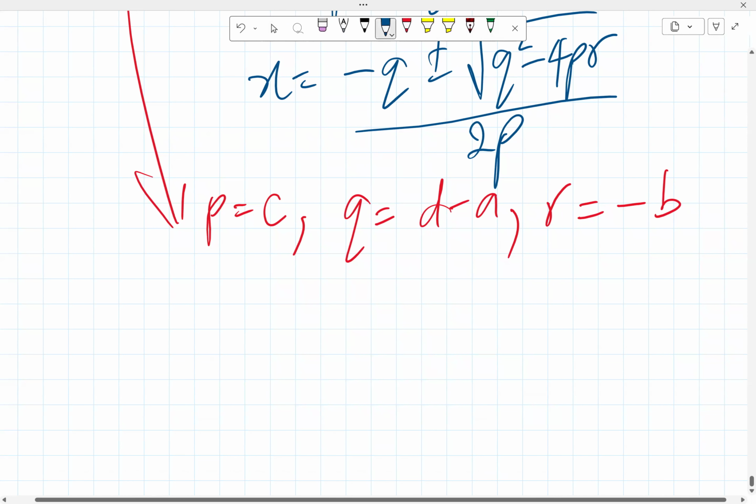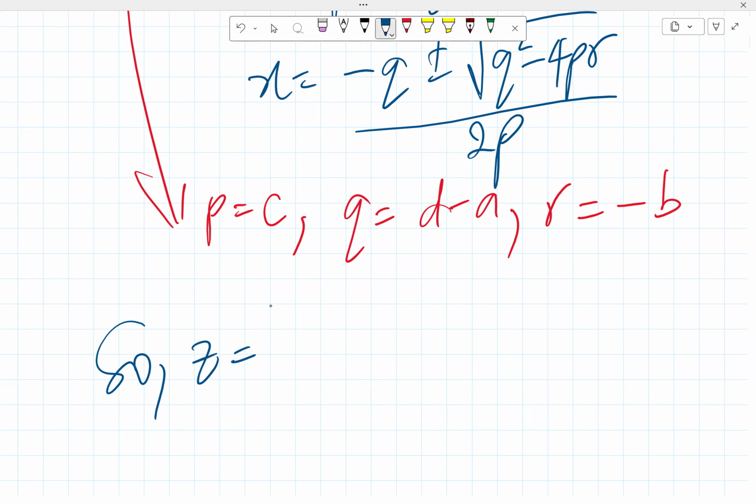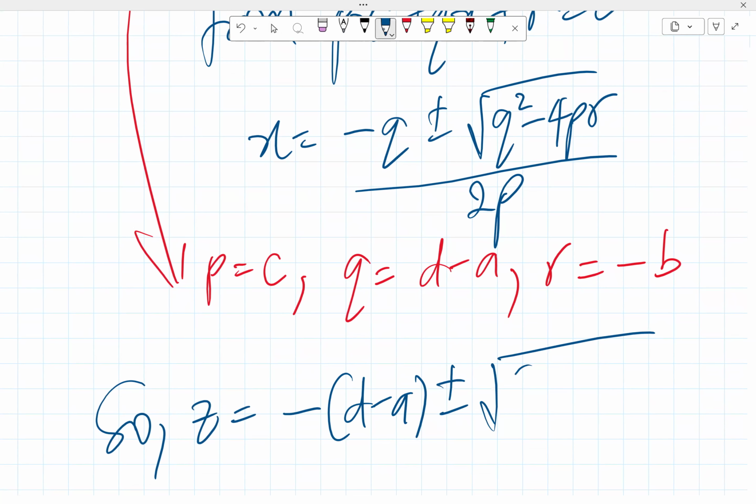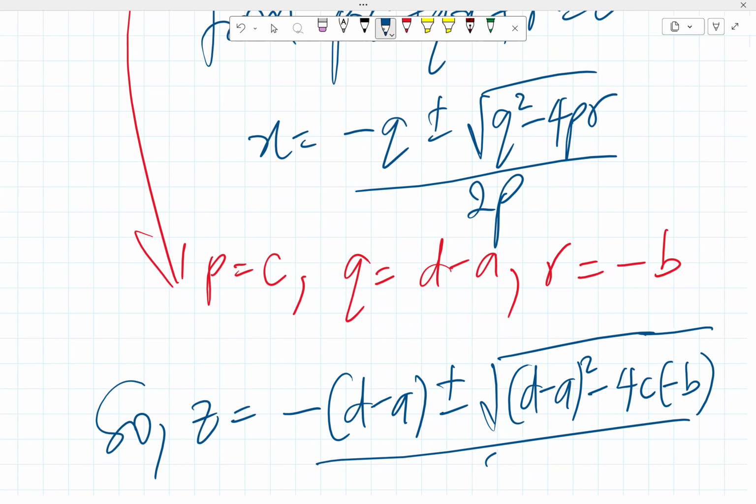So Z can now be said to be equal to minus Q, that is minus D minus A, plus or minus the square root of D minus A squared minus 4P R, that's 4C B, all over 2P, that's 2C.